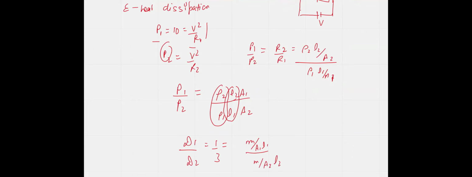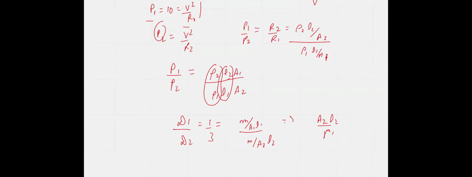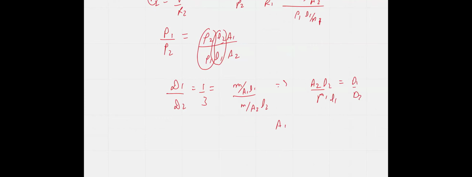Rearranging, A2 L2 divided by A1 L1 equals d1 by d2. Finally we can say that A1 by A2 equals L2 d2 divided by L1 d1.